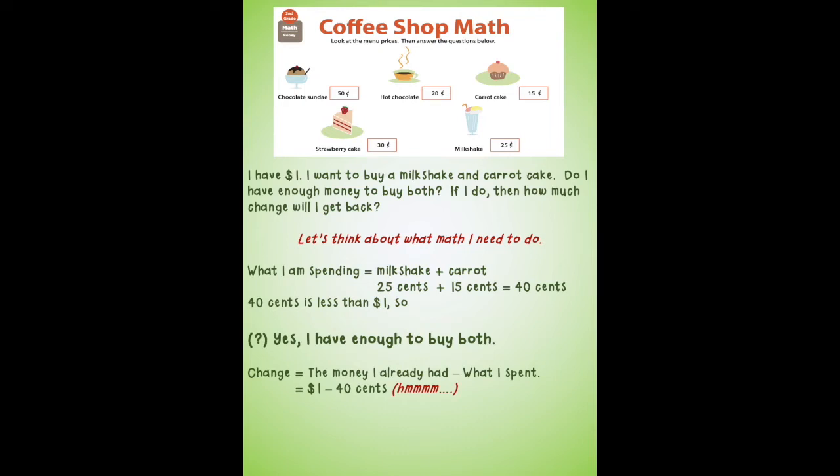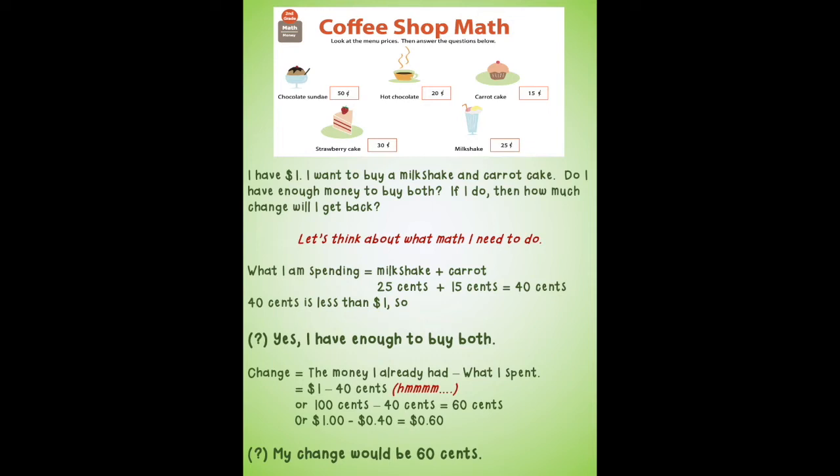So I have the choice to make them all cents, which would be 100 cents, which is the dollar, minus 40 cents equals 60 cents left over, or my change. The other way, which is a little more challenging, is to turn them both into dollar form. My dollar would be $1 and no cents minus no dollars and 40 cents equals $0.60. Either way, I get the same answer. My change would be 60 cents.